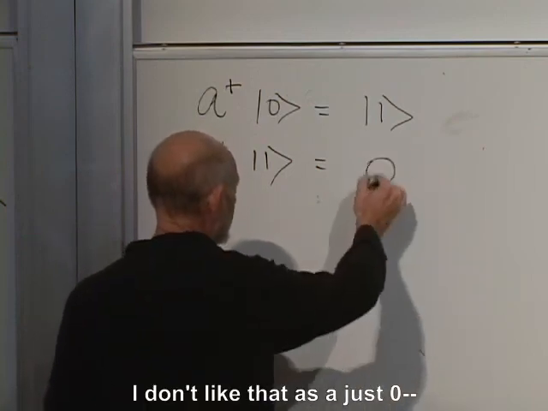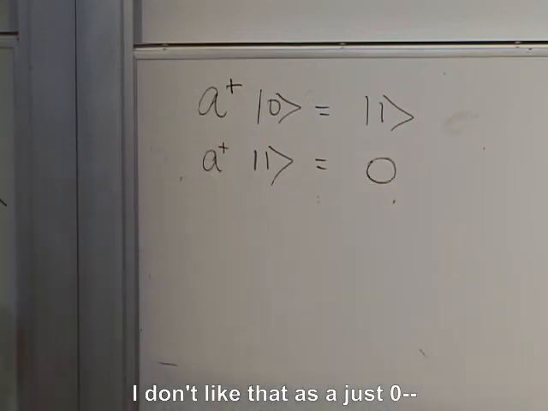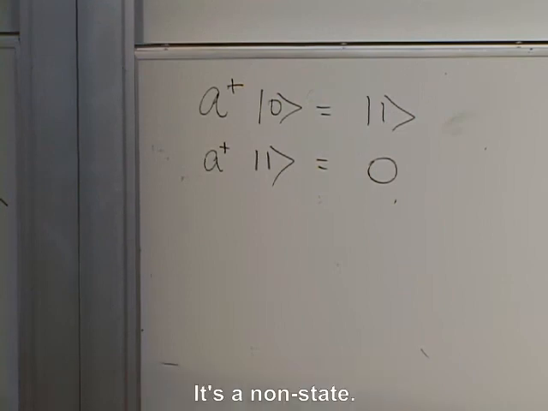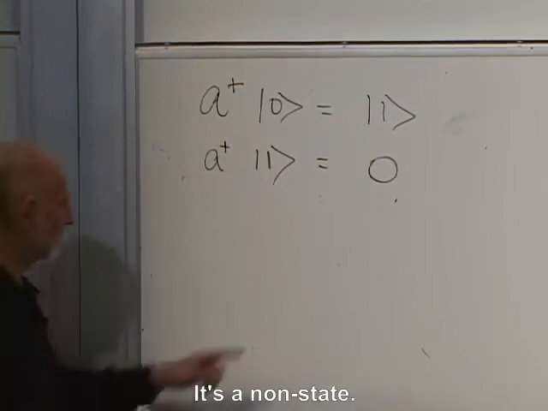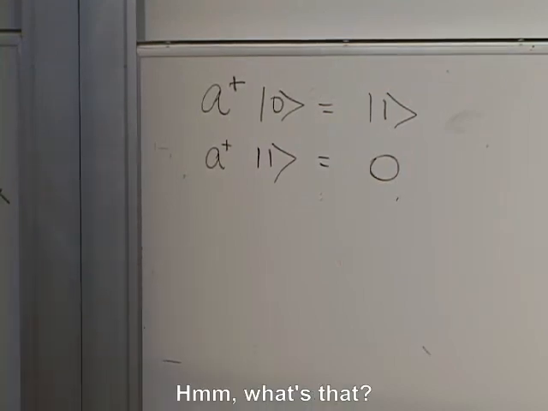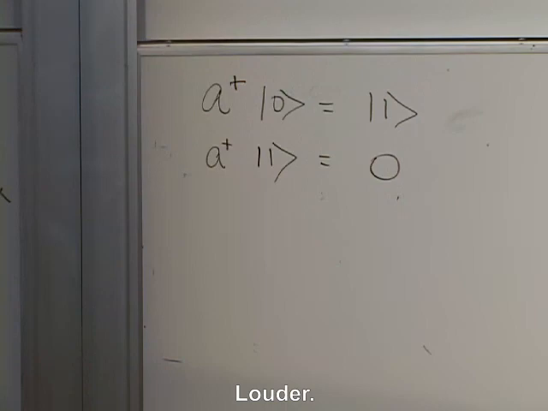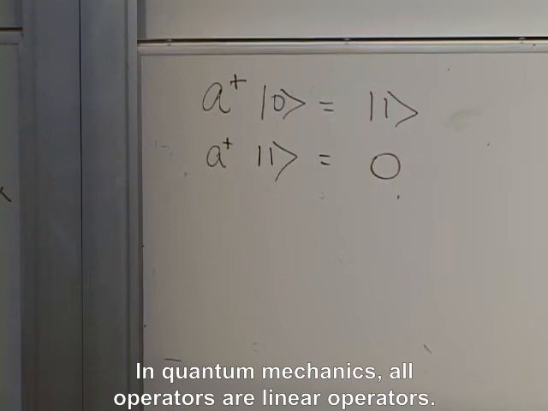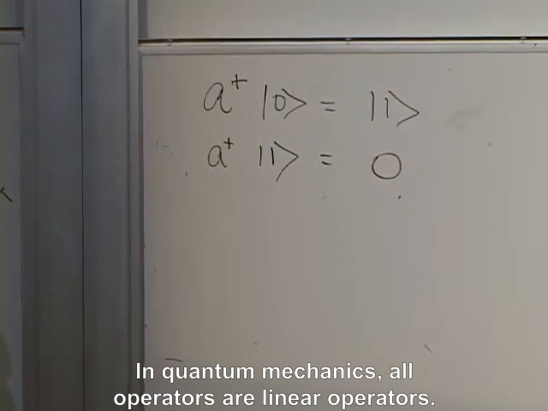I don't write that as just 0. It doesn't mean anything, or it just is not a vector at all. It's a non-state. Yes, they're all linear operators. In quantum mechanics, all operators are linear operators.